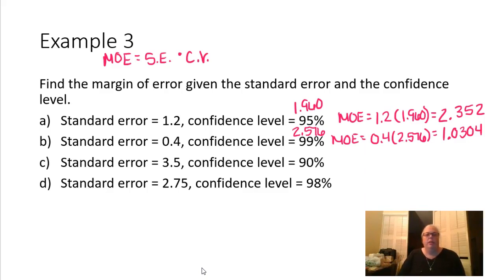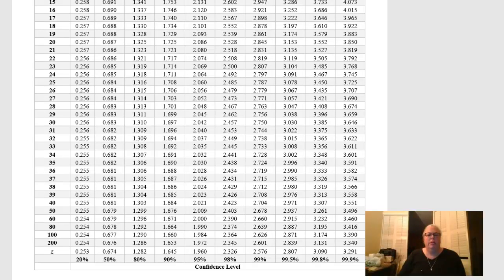Part C, the standard error is 3.5, the confidence level is 90%. Let's pull up table A3. Look down on the Z line here at 90%. There it is, 90%. Our critical value right above it, 1.645.